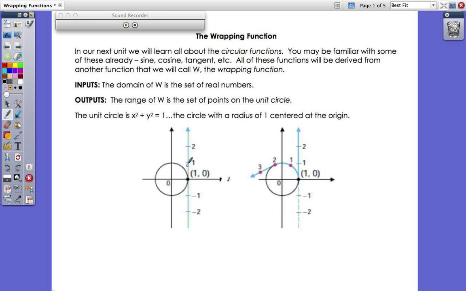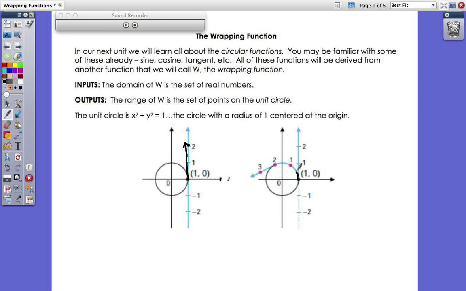So one thing you can do is imagine that you have a piece of string, and that piece of string is pinched down starting at this point 1, 0 on the x-axis. That's the point where we always start. And you stretch that piece of string out. It's some length long. It might be 1 unit or 2 units or 20 units long. And what you do with that piece of string is you start to wrap it around this circle.